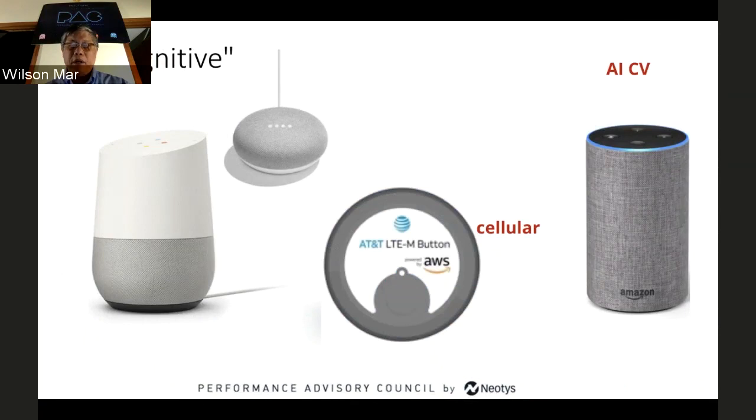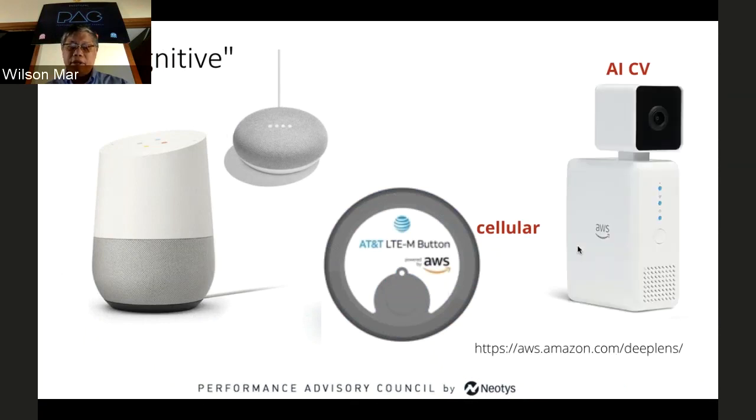The other one that I think we have is this kind of thing, and that came out just last month. In fact, it's not available until the 22nd of this month. This Amazon DeepLens that we have, and the challenge for us as performance people is that they are doing this artificial intelligence, computer vision, and so forth.